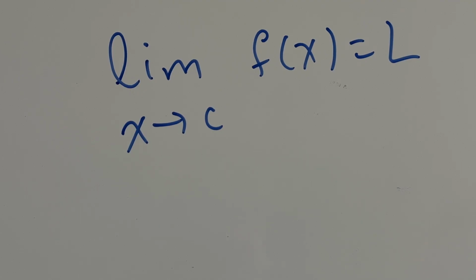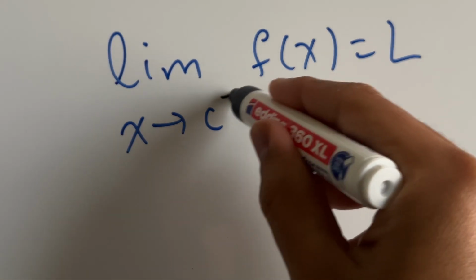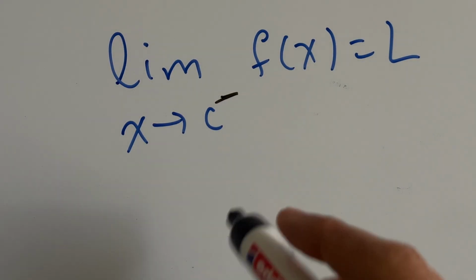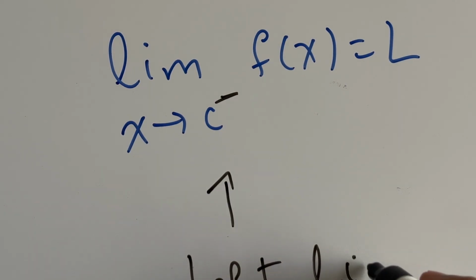So we also introduce sometimes the notion of left limit. When I add a little minus here, this is called the left limit. It means that I'm approaching c but from values on the left, that is, from the negative side.